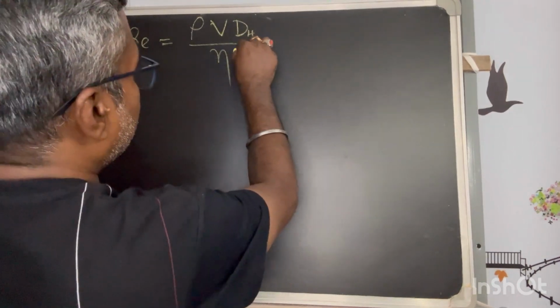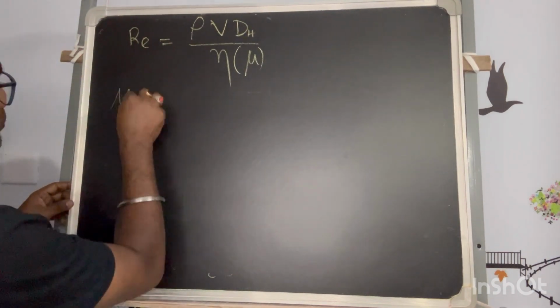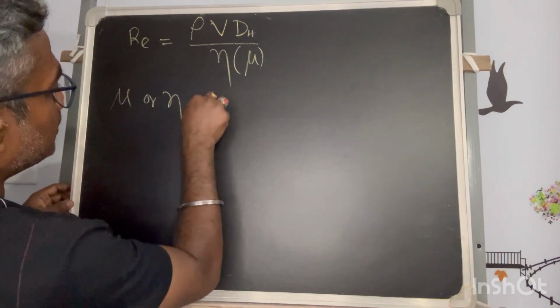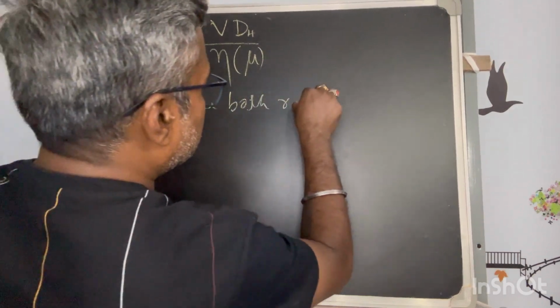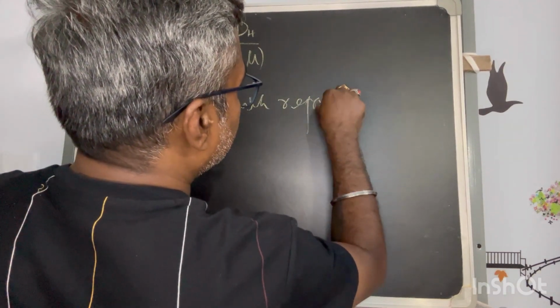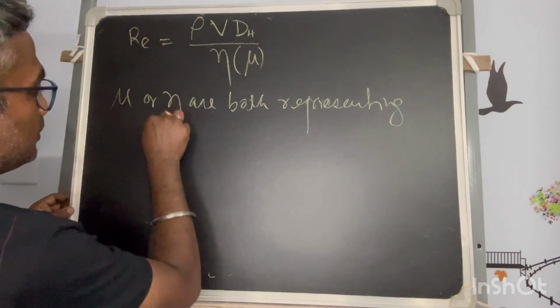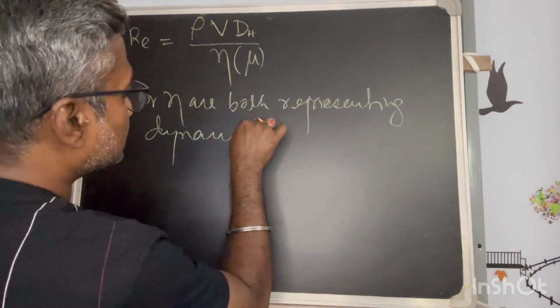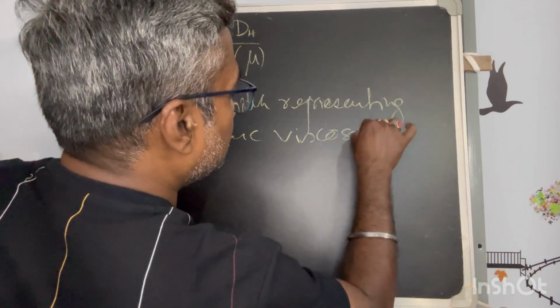Instead of eta, we can represent it with mu also, because mu and eta both represent dynamic viscosity.